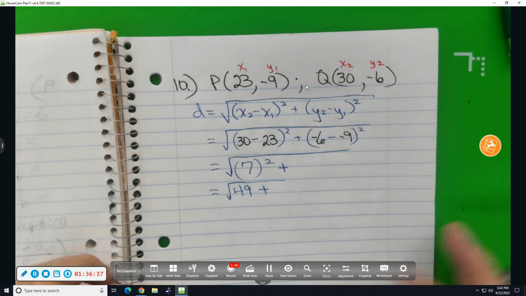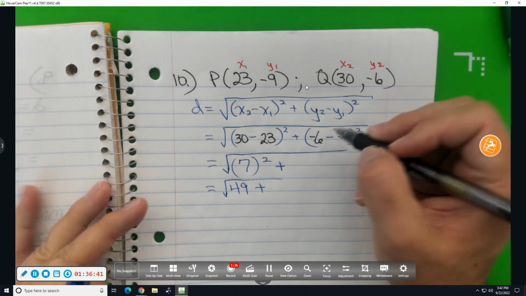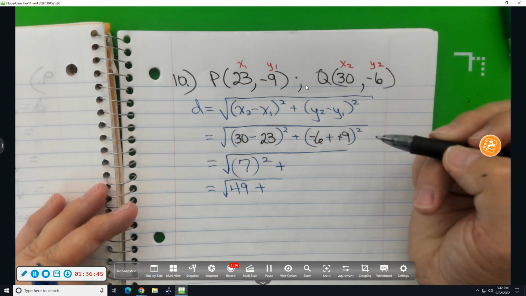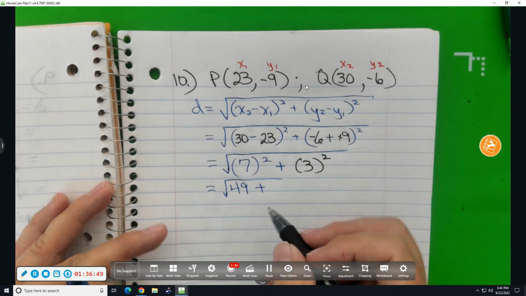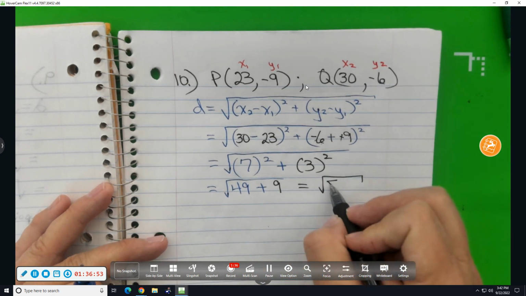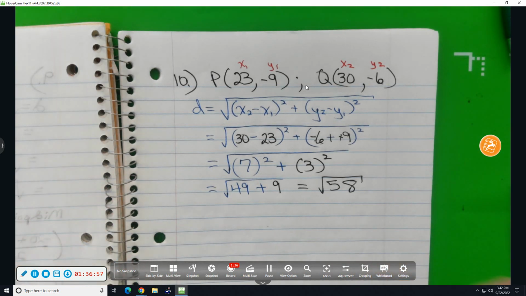Well, this is a bizarre coincidence, isn't it? -6 minus -9, that's -6 plus 9. That's a 3 squared. Aren't we getting the same thing? That is just a coincidence.